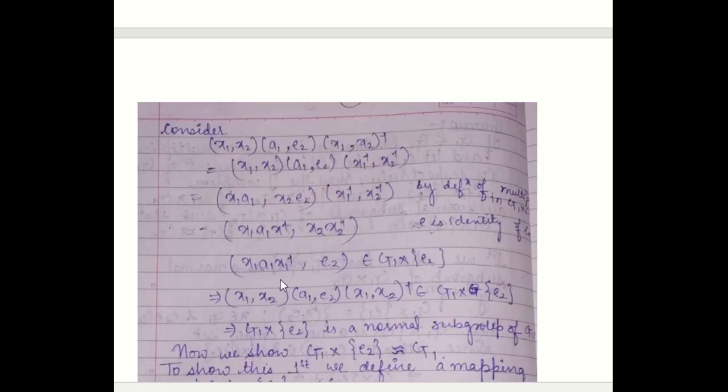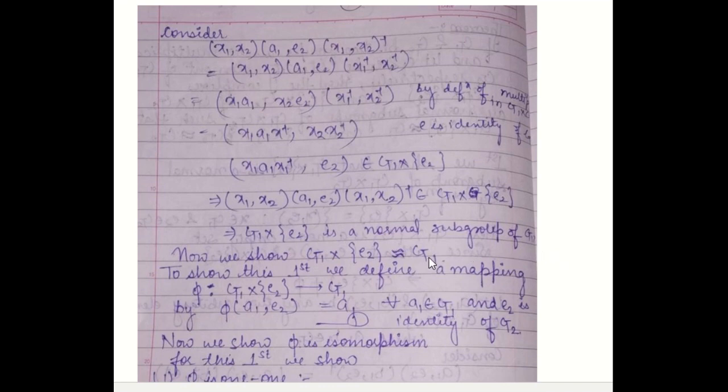So X1 X2 into A1 E2 into X1 X2 inverse will be equal to X1 inverse X2 inverse. Now we first multiply these two, and this whole element will be in G1 cross E2. So this implies that for an element A of G1 cross E2, the elements X, A, X inverse are in the group. So it is a normal subgroup.